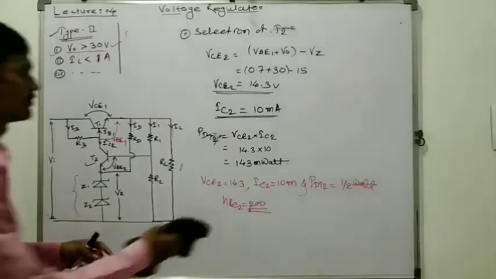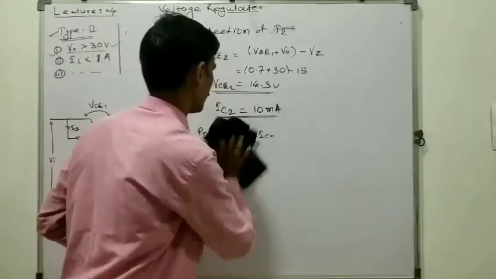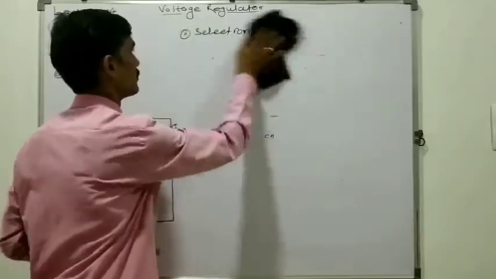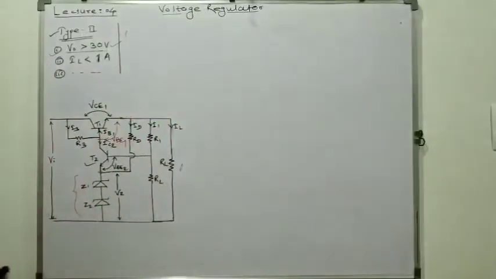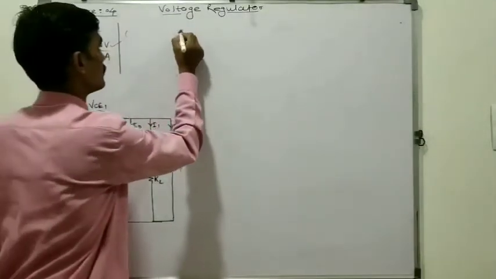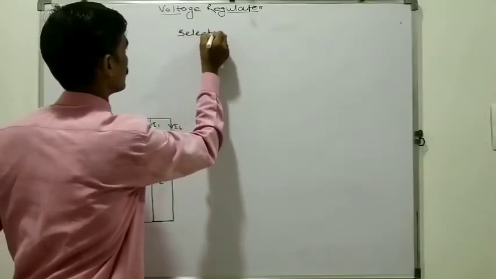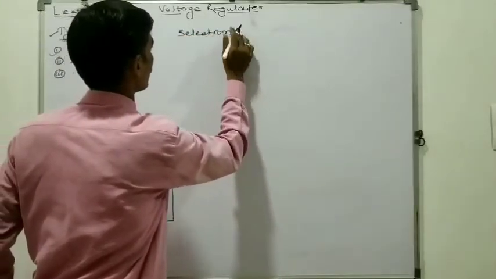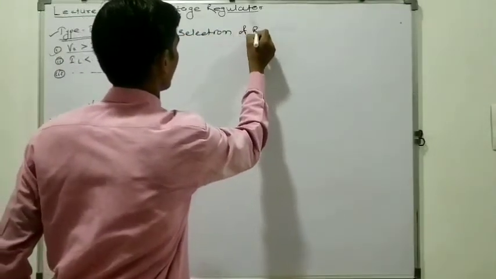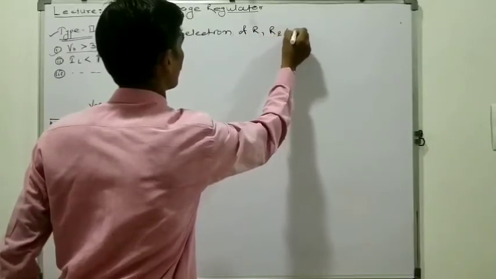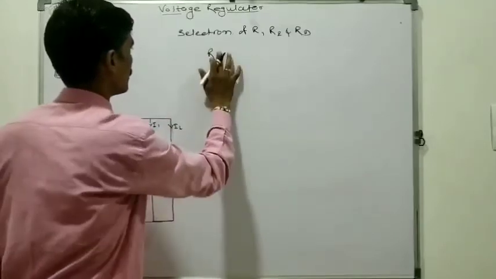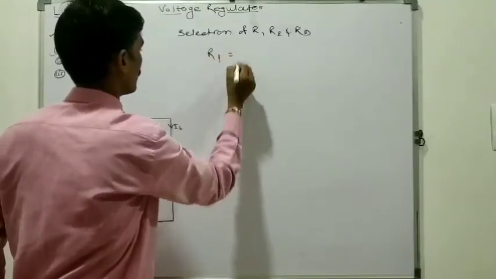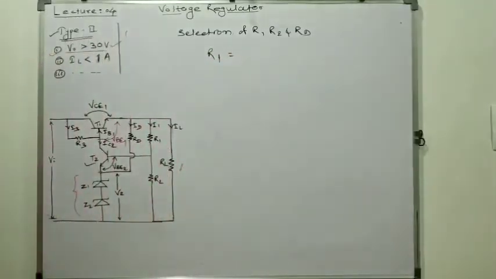Next is selection of R1, R2 and RD. So first we are taking R1.